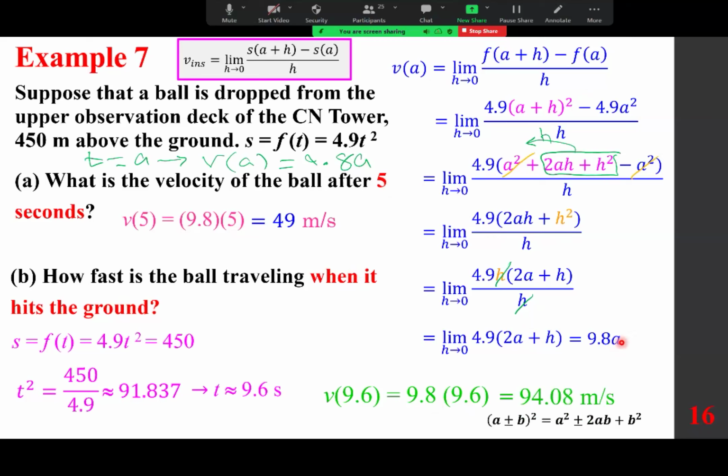For 5, we replace the a with 5. For part B, we have to figure out the t, which is 9.6. We evaluate this expression at a equals 9.6, and we get 94.08 meters per second as the final answer.